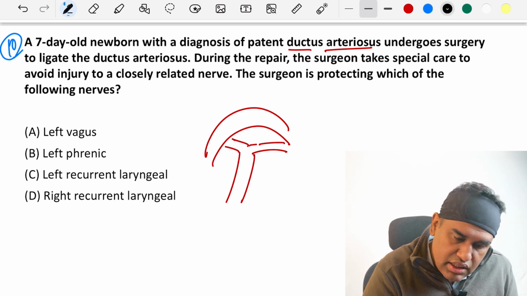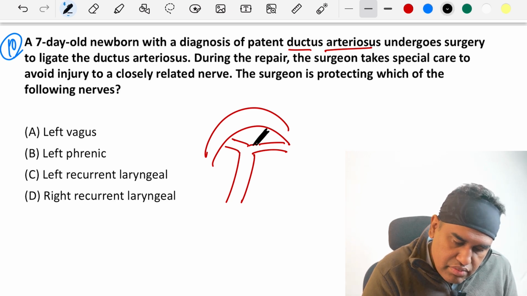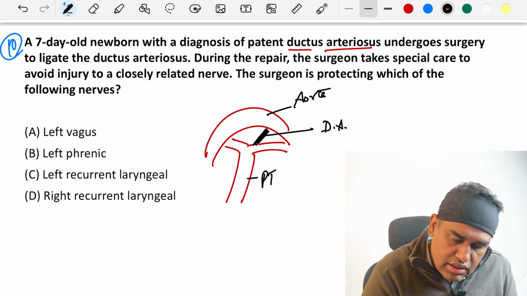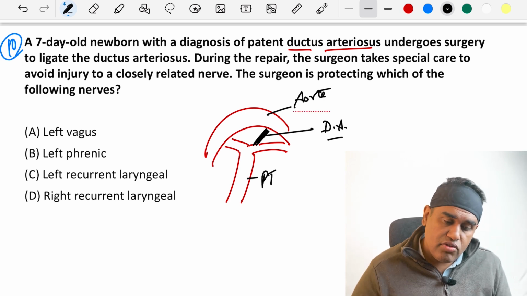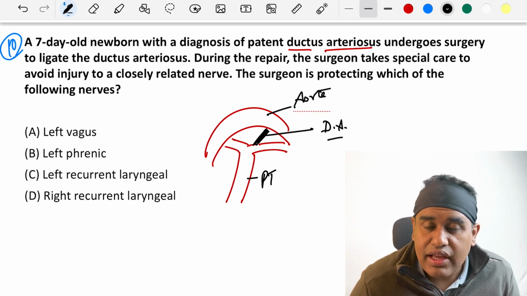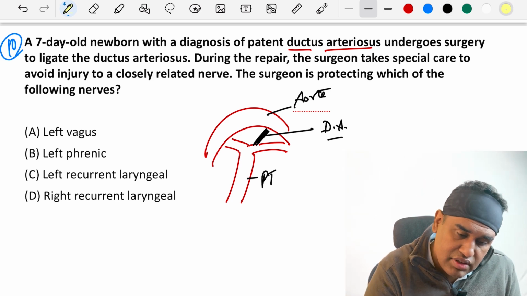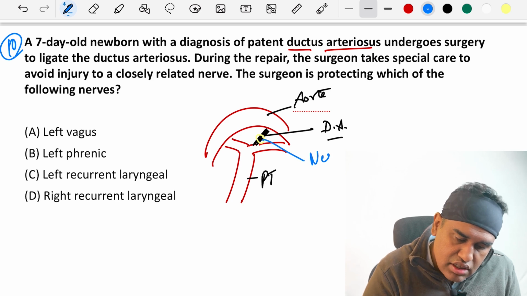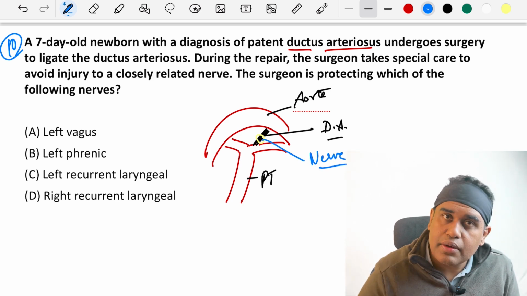If I try to draw the ductus arteriosus, this is the arch of aorta, this is the PT, pulmonary trunk, and that is your ductus arteriosus. So it remained patent, the surgeon went to ligate it, and the surgeon is worried about a closely related nerve over here. Which nerve is that?